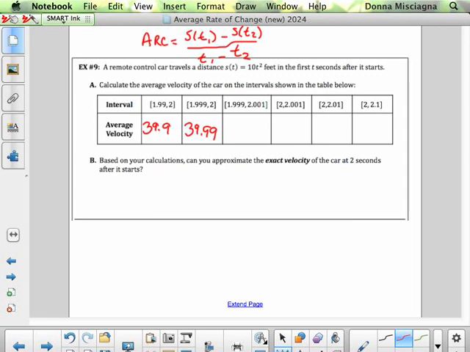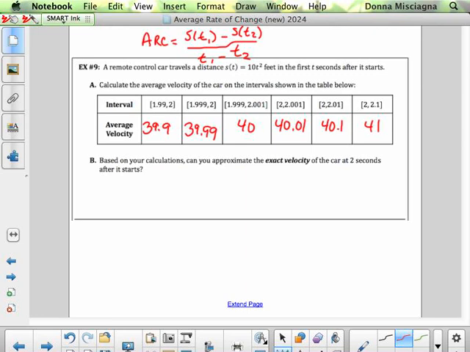For 1.999 and 2.001, I got 40. For 2 and 2.001, I got 40.01. For 2 and 2.01, I got 40.1. And 2 and 2.1, I got 41.